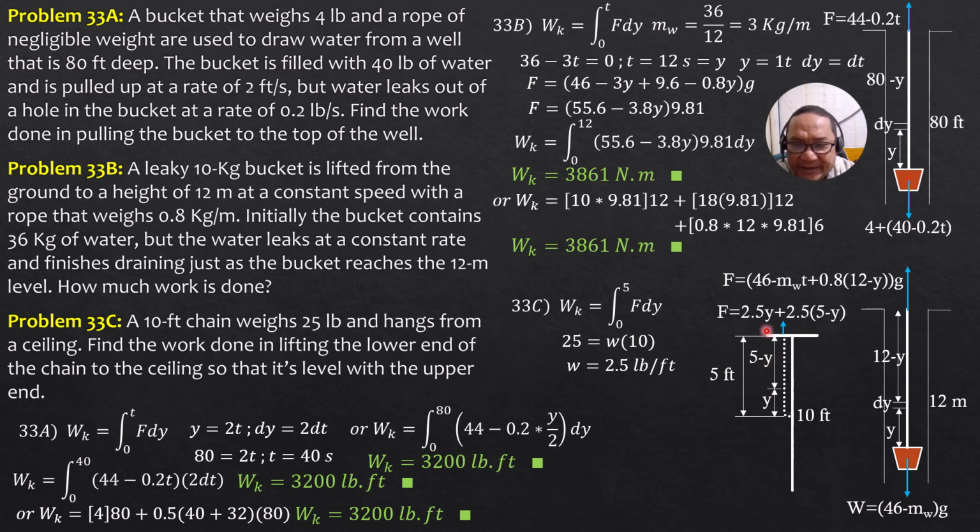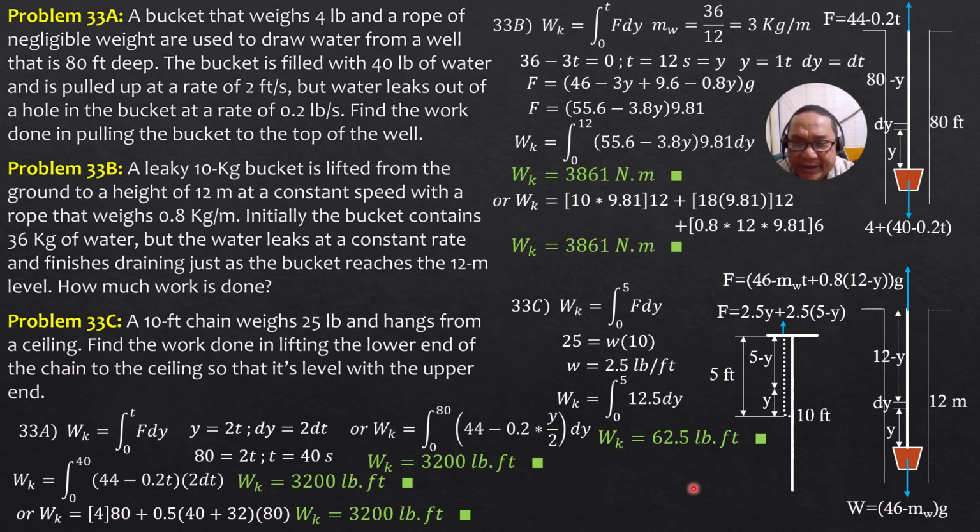Simplifying, that would be 2.5 times 5, because 2.5y will cancel out. So that means it's 12.5 dy. So work equals the integral of 12.5 dy from 0 to 5, or you can evaluate that as 12.5y from 0 to 5. So 12.5 times 5 is 62.5 foot-pounds.